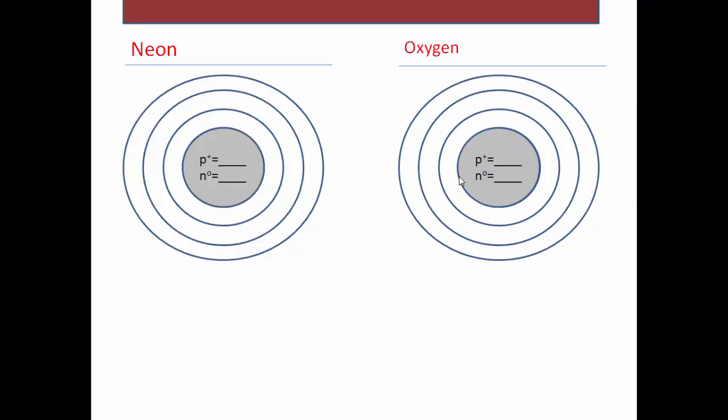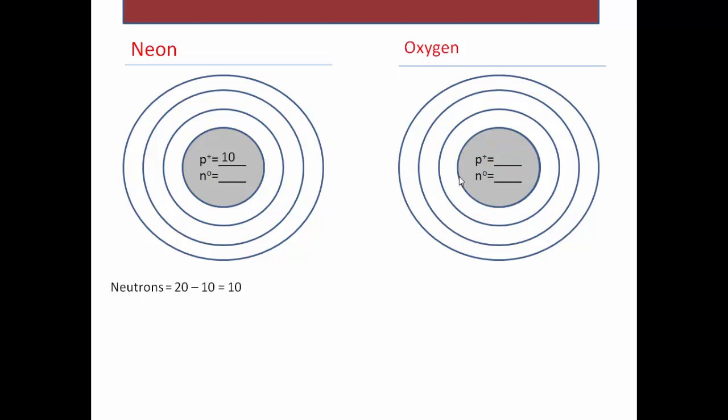So let's talk about a couple of elements. Let's talk about neon first. So neon has 10 protons. Where do we get that from? Yes, we can use our periodic table and we can use the atomic number to get that 10 protons. Let's figure out the number of neutrons.